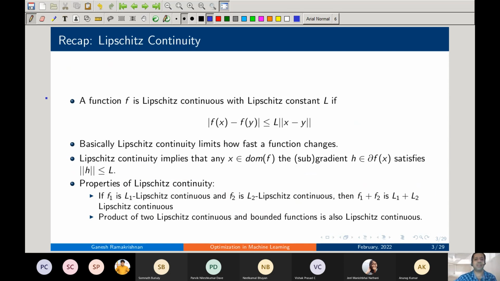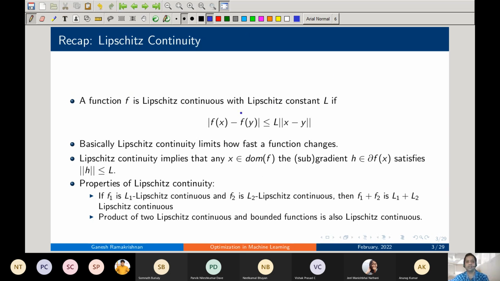So let's recap what we discussed on Lipschitz continuity. Lipschitz continuity limits how fast a function changes, and the critical part here is that you can link this very easily to the subgradient.